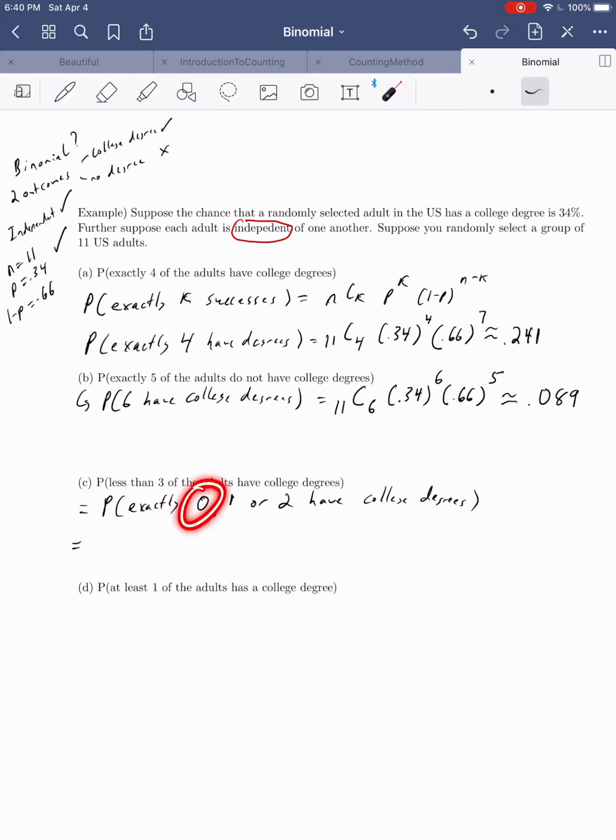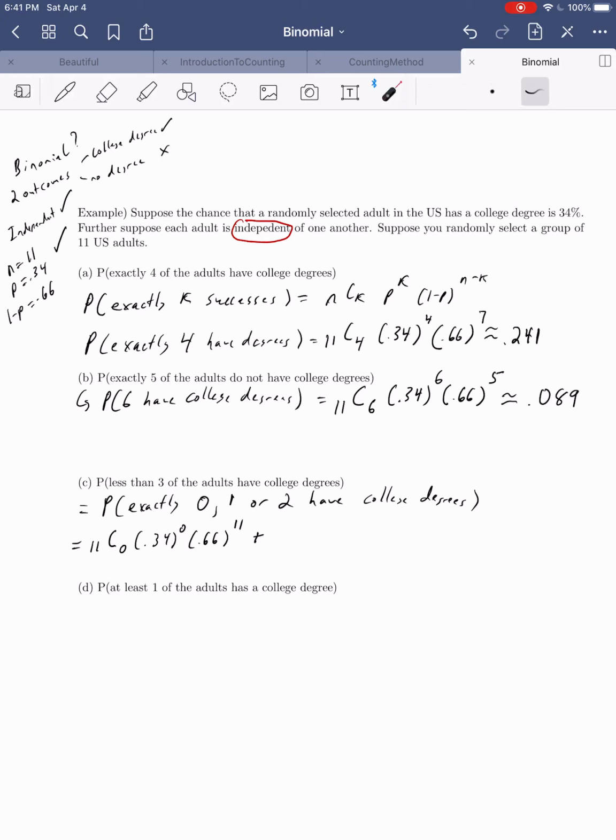For 0, the number of successes is going to be 0. So we've got 11C0. We've got 11 people. 0 of them are supposed to have a college degree. 0.34 to the 0, 0.66 to the 11. This right here would be all of them not having a college degree or 0 of them having a college degree. Then we're going to add. How do we know to add?